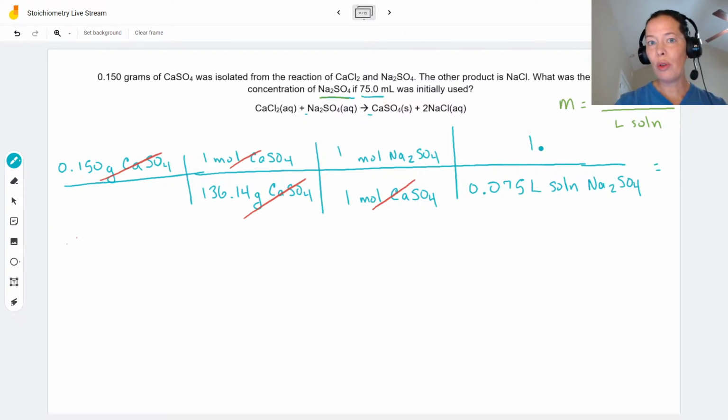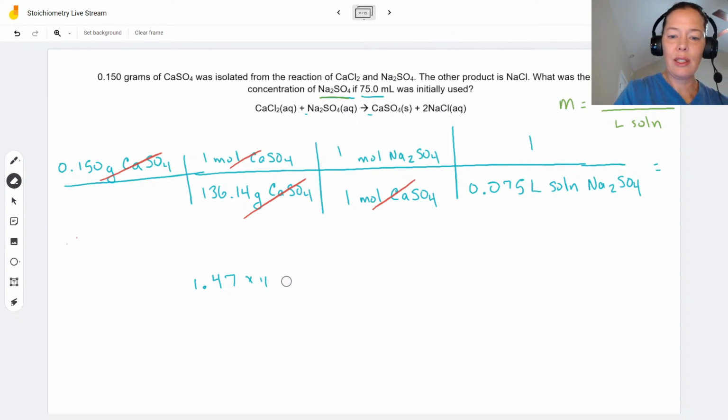There is no other unit that goes with it. I'm just dividing by my liters. And this gives me my concentration, which is 1.47 times 10 to the negative second, and that is molarity.